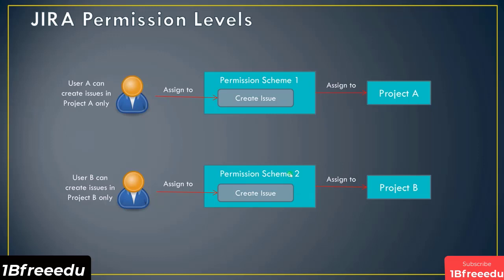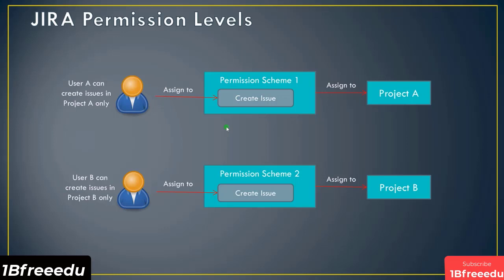So because you have two different users that are supposed to have the exact same responsibility in two different projects, you have to create two different permission schemes. What if you have a third project and either user A or user B can create an issue in that third project?